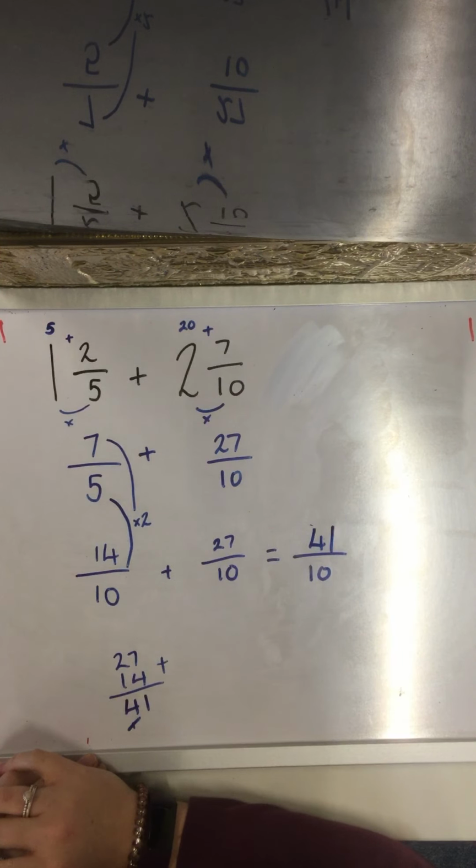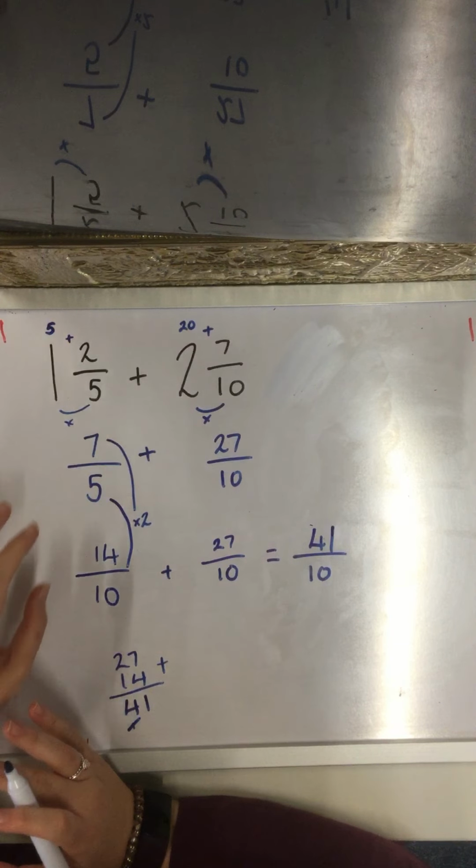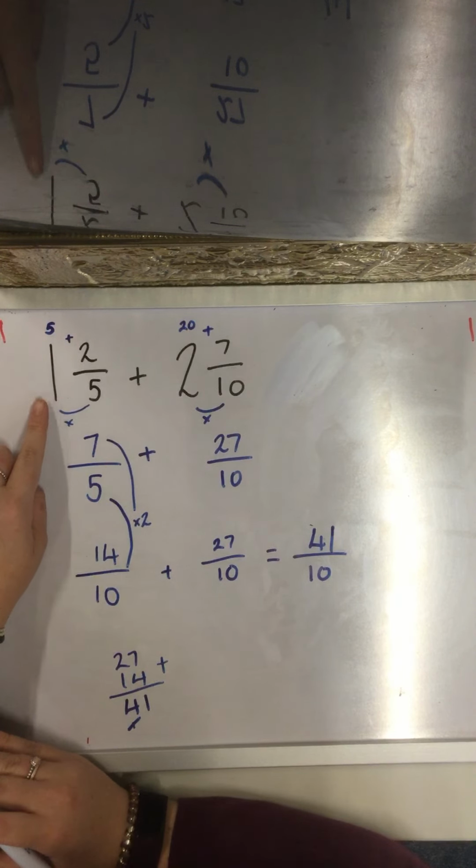So we've got 41 over 10, but we're not going to leave that as our final answer. This answer is correct, but there's a rule we talked about last week. Hopefully you can remember. If my question has got mixed numbers in it, therefore my answer must be in mixed number form.